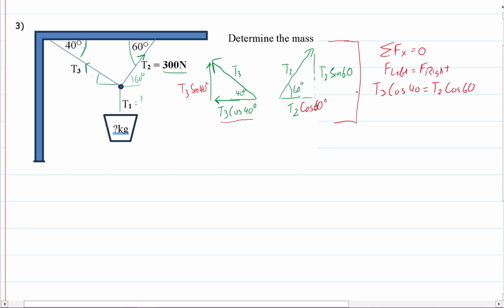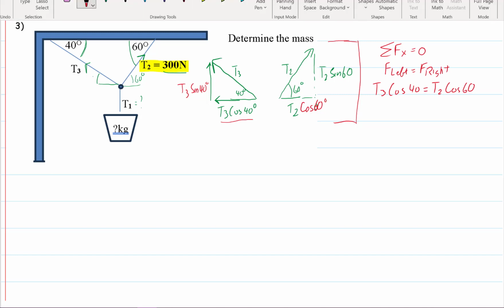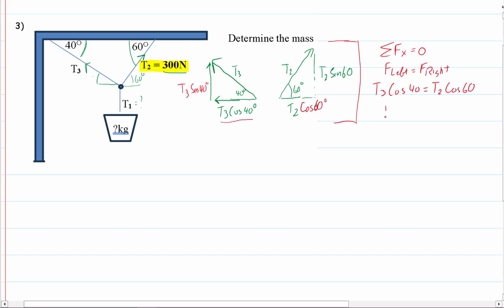We know what T2 is. They gave it to us. T2 is 300. So T3 is going to equal 300 cosine 60 divided by cosine 40.